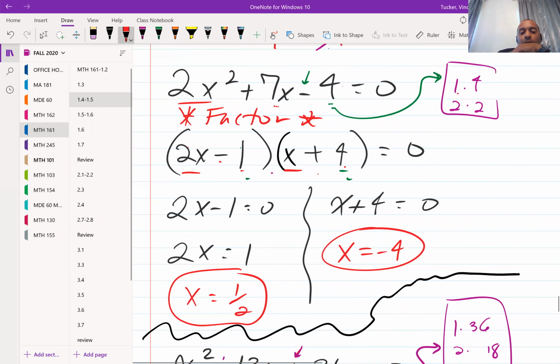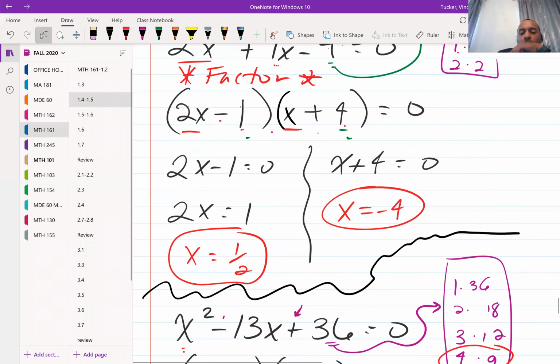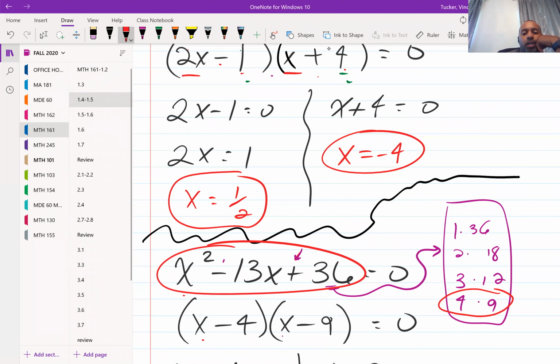All right, anything else before we look at another one like this? All right. So here, x squared minus 13x plus 36 equal to 0. Now we already have one side equal to 0, so we're good to go. We don't have to worry about that.